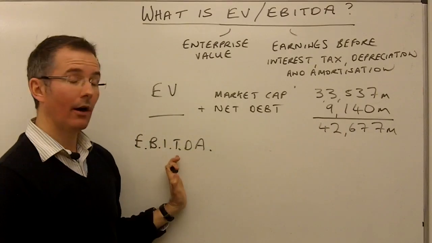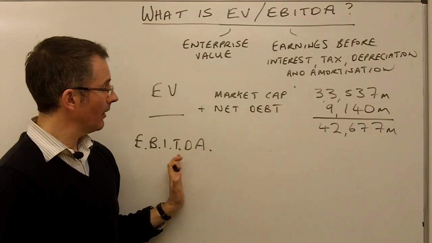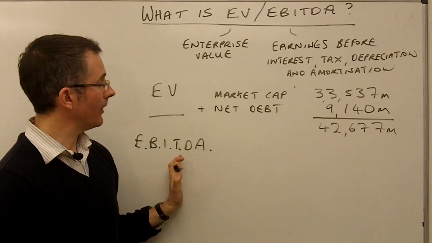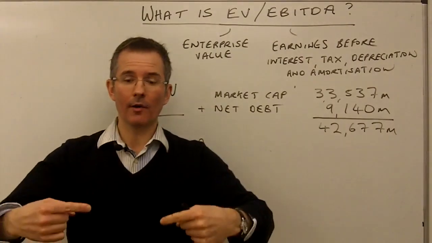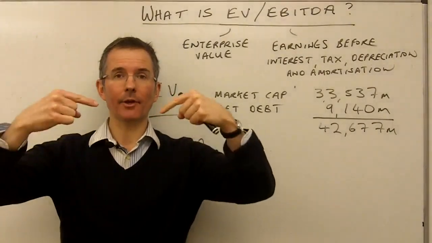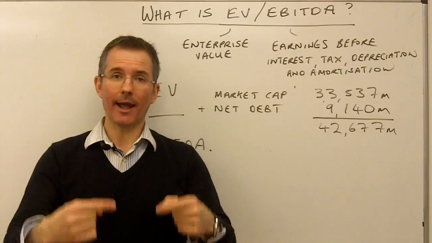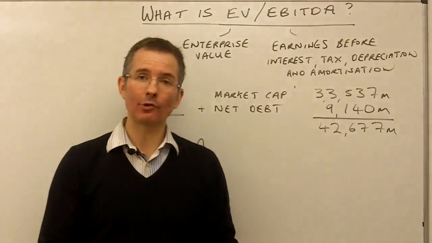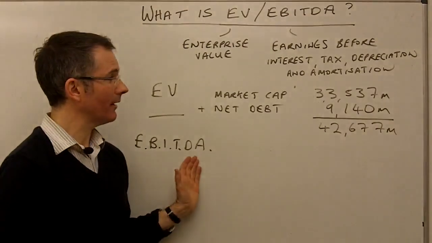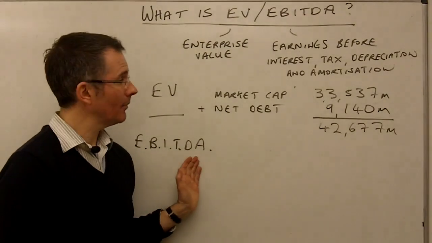What's this, EBITDA? What you could do is take the profit after tax figure and work back up the profit and loss account. So in other words, add back interest, add back tax, add back depreciation, add back amortization. But fortunately, most analysts that quote this figure have done the job for you. Well, that's the principle.